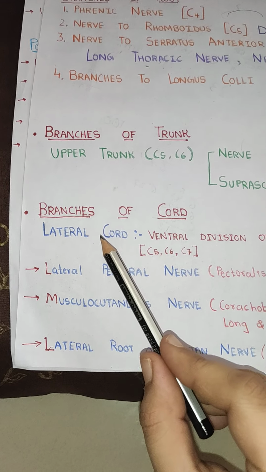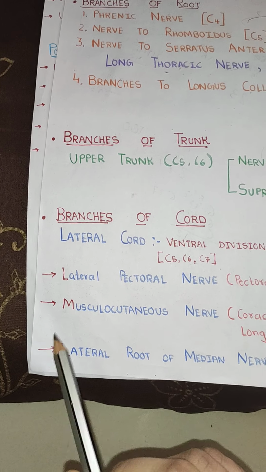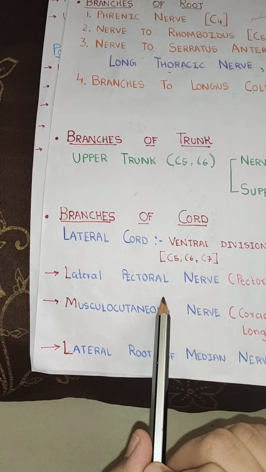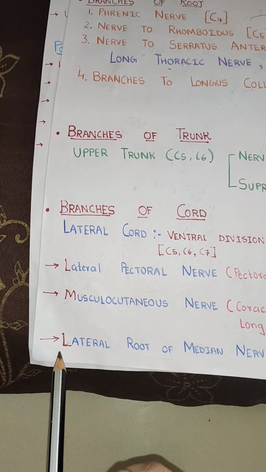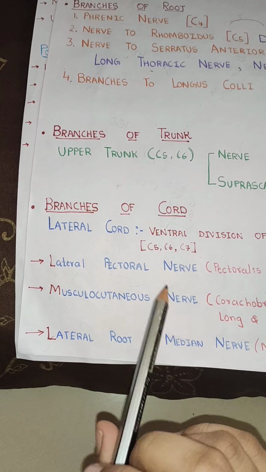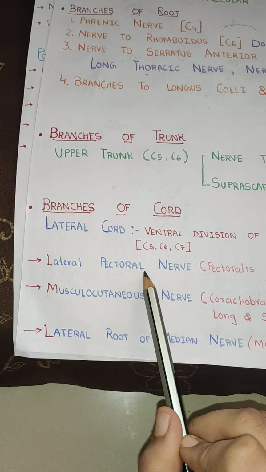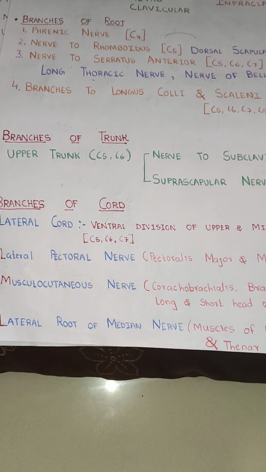The mnemonic for lateral cord branches is LML. L for lateral pectoral nerve, M for musculocutaneous nerve, and the other L, lateral root of median nerve. Now, lateral pectoral nerve along with medial pectoral nerve supplies the pectoralis muscles.